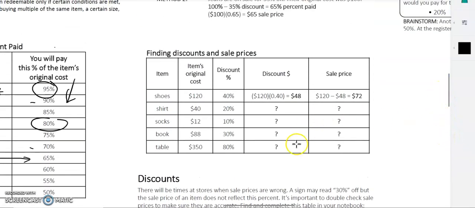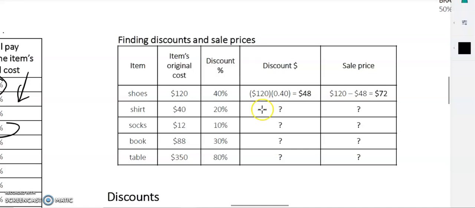This is the table that's in your packet right under the thing that we just did. This is finding discounts and sale prices. All we're going to do is take the cost of a thing, apply a discount, and figure out what we're going to be paying.